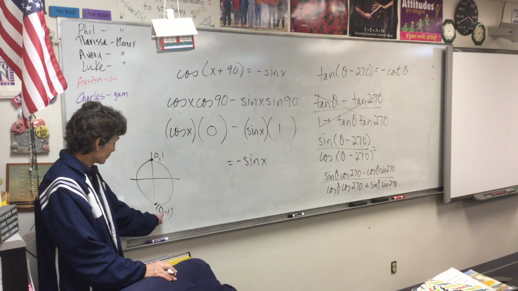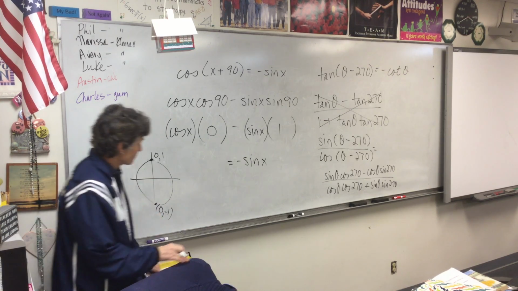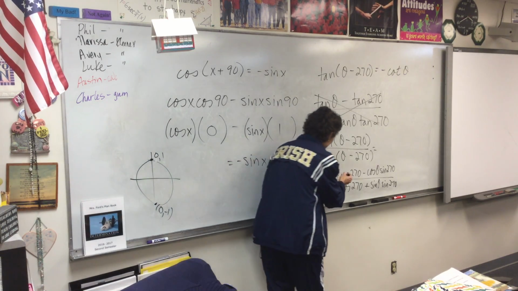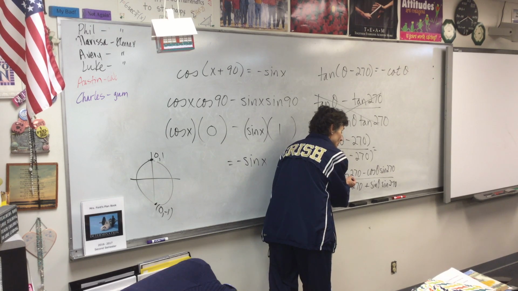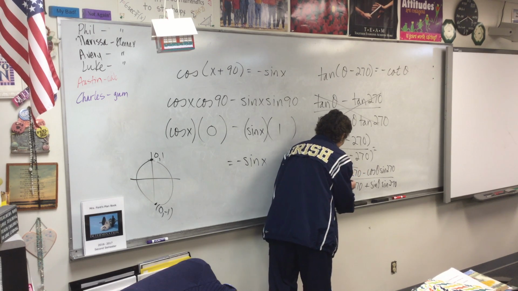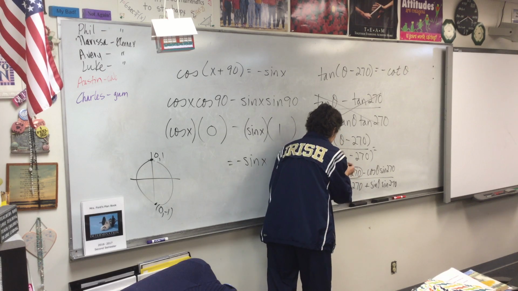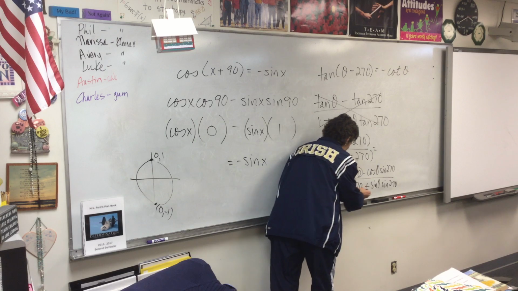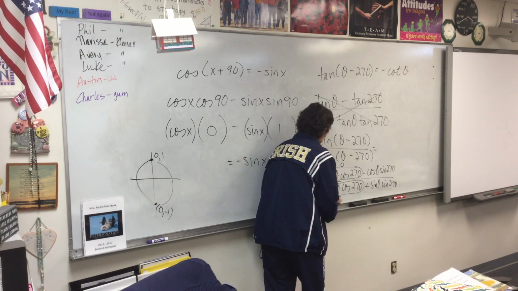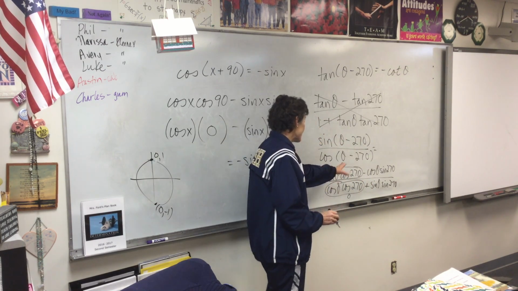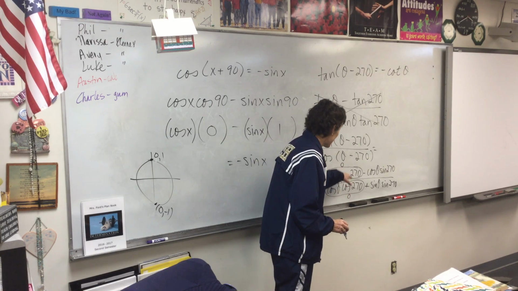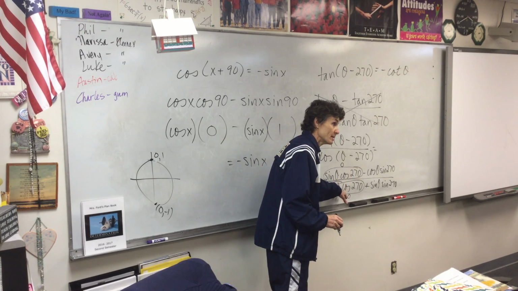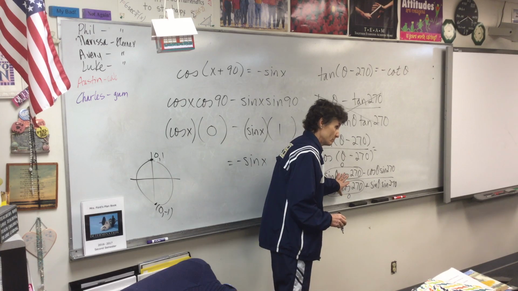X over R. So the cosine will be 0. So the cosine is 0, which means what about this whole term? It's gone, right? Because it's just 0. What about this whole term? It's gone because it's 0. I'm not canceling those. You can't cancel those. They just both happen to turn into 0, right?